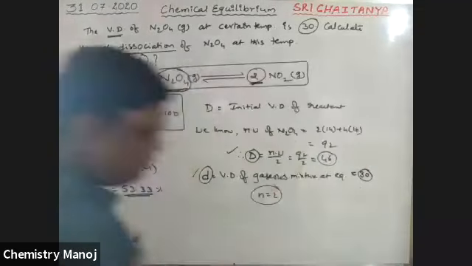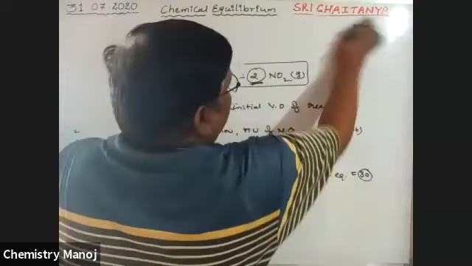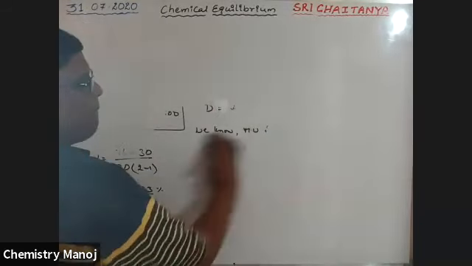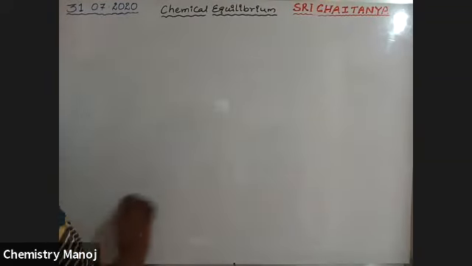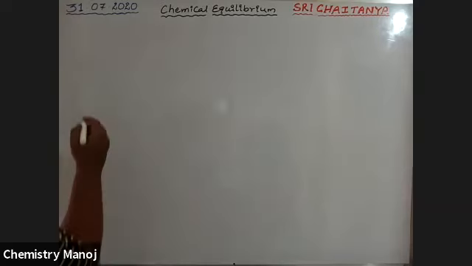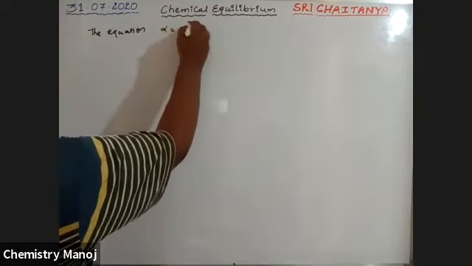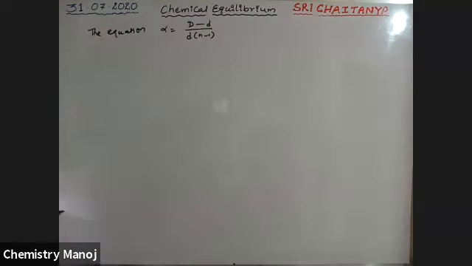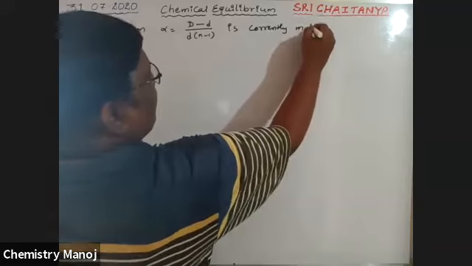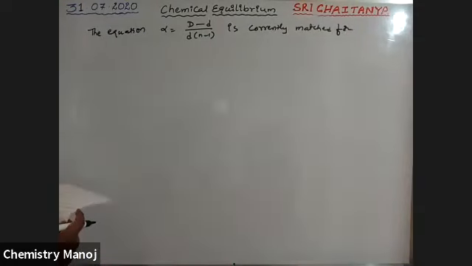Next, one more problem, and see here. The equation alpha is equal to capital D minus small d by d into n minus 1 is correctly matched for which of the following?